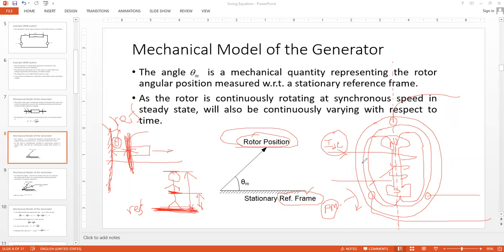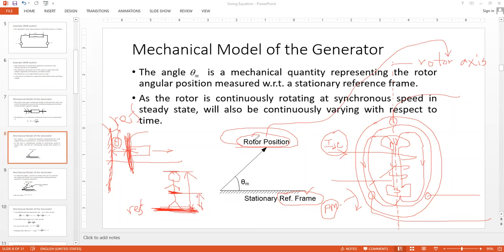So this dotted line that I have drawn is basically your magnetic field axis, or rotor field axis. This is the imaginary line, the rotor axis we are interested in, and this is the axis which will signify the rotor position.